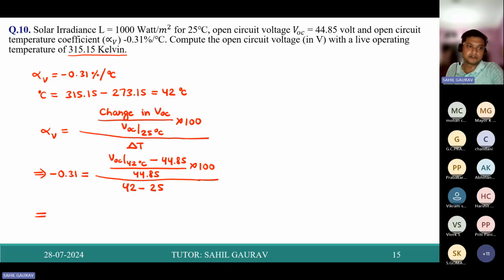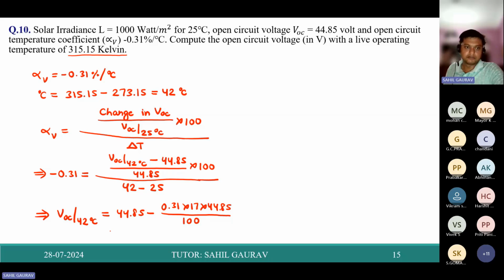On substituting all these values, you can find the open circuit voltage at 42 degrees Celsius. It will be 44.85 minus 0.31 into 44.85 into 17 upon 100.